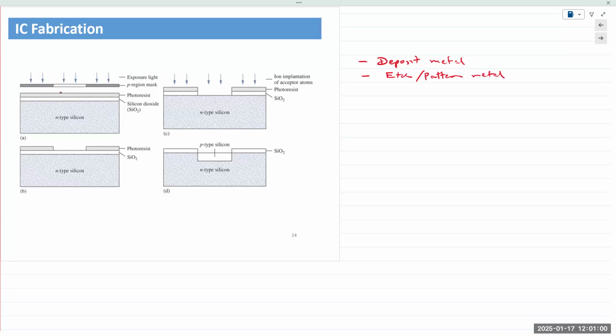It's all deposit and etch cycles, and we create openings in the silicon. When we create openings in the silicon, we can implant or diffuse external dopants.